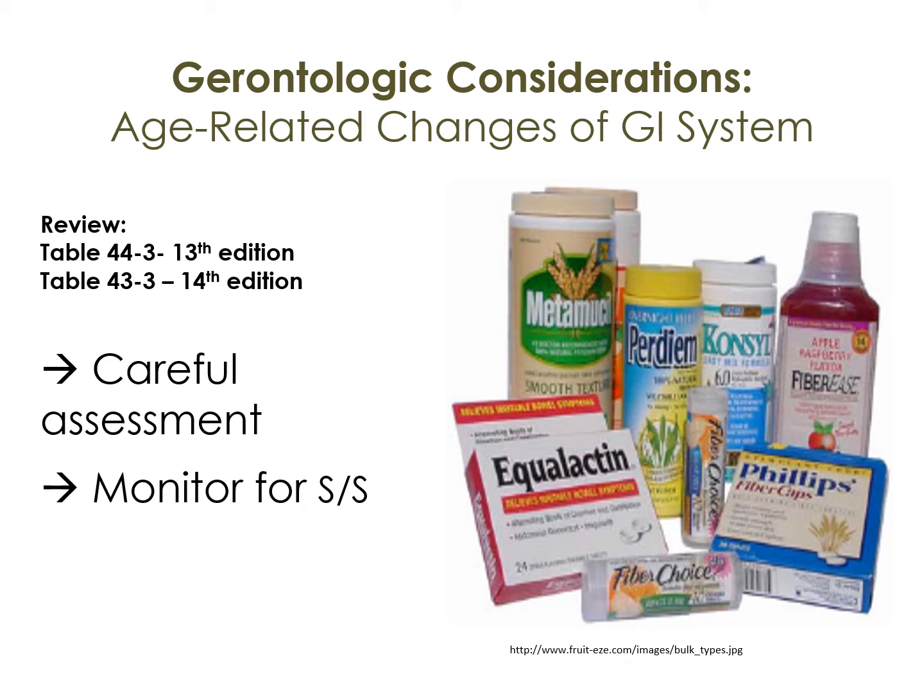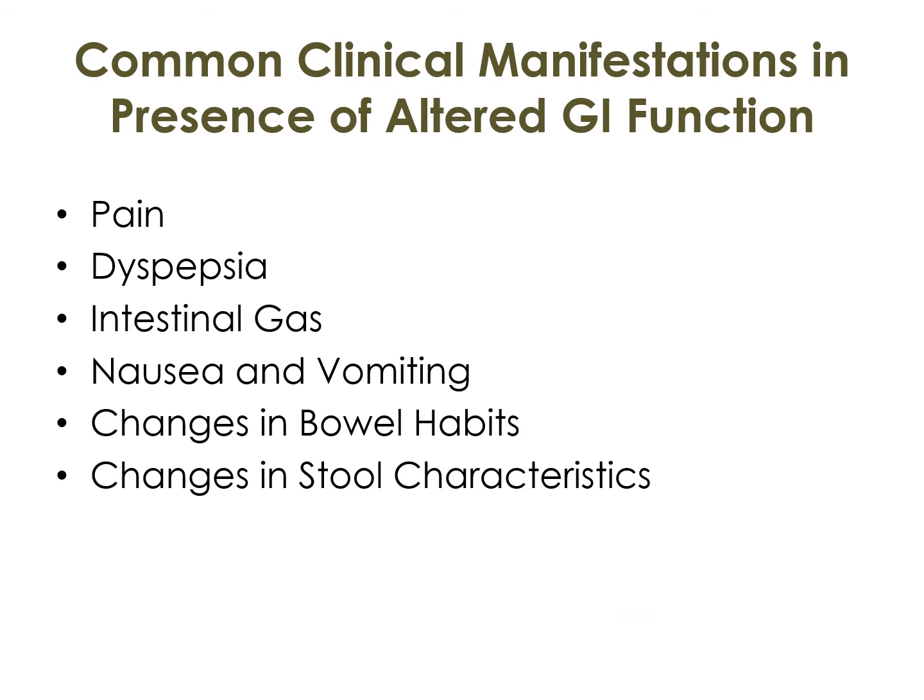With regards to that slow or low motility, we need to watch for problems with indigestion and constipation, and consider educating on factors such as that. And the loss of sphincter control, we need to consider fecal incontinence. Common clinical manifestations with regards to GI function, pain, and it could be pain associated with abdominal pain.